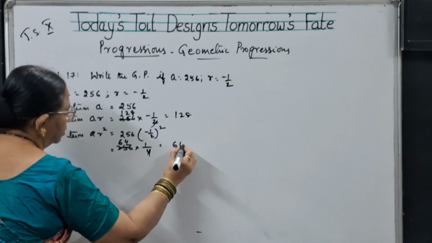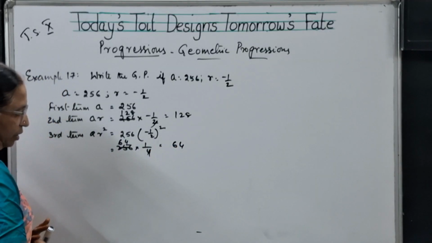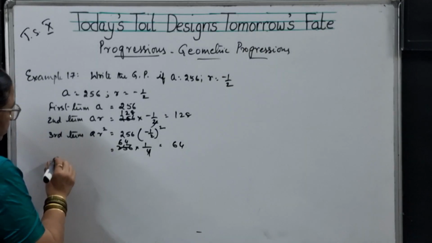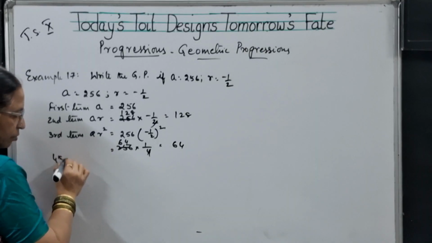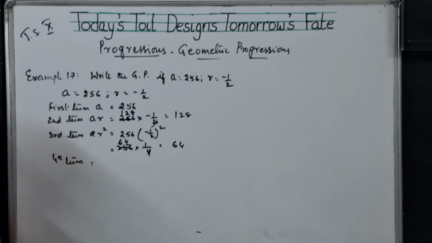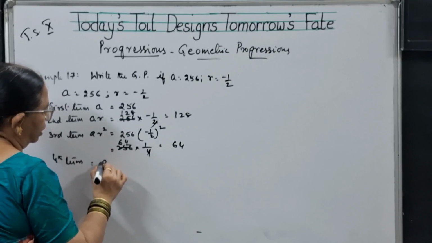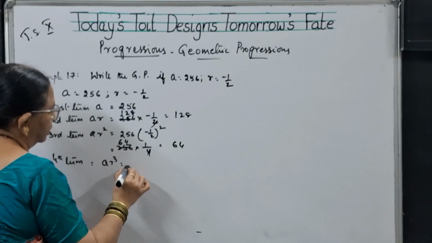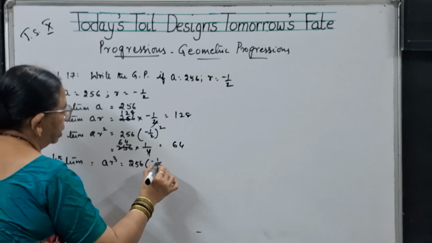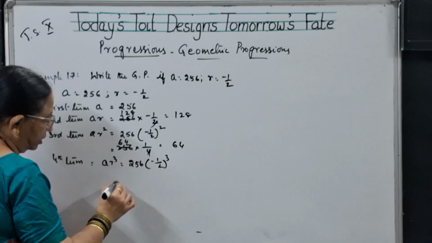That is 64. Okay. Now, the next one is the fourth term. Fourth term is A into R cube. That is 256 into minus 1 by 2 whole cube. So, how much are you getting?